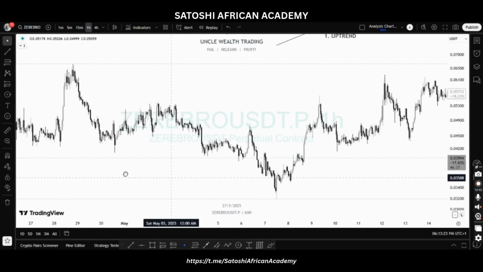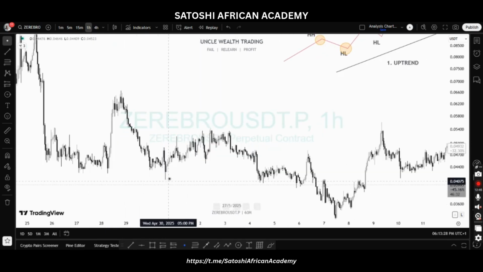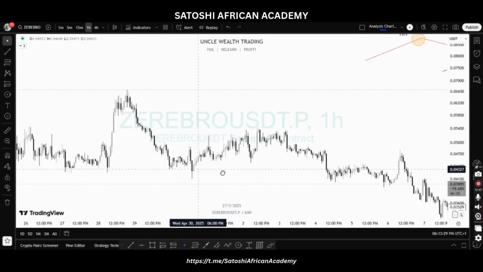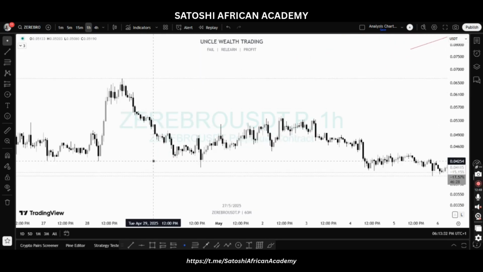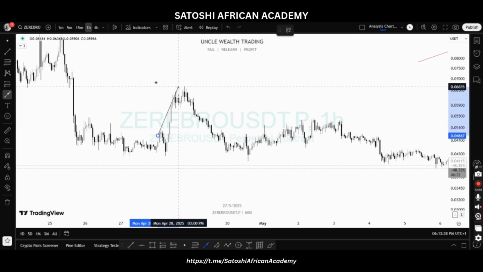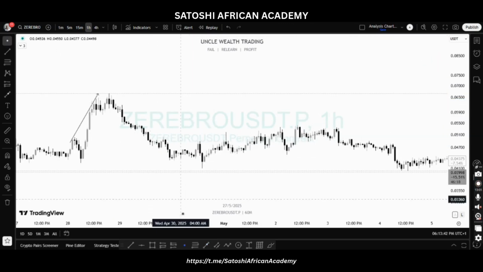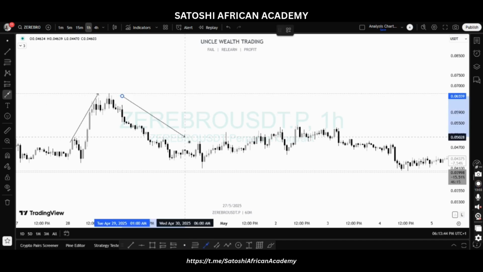Now on this chart, we can see over here we had an uptrend here. This was an uptrend, price was going up, and then this was a downtrend.